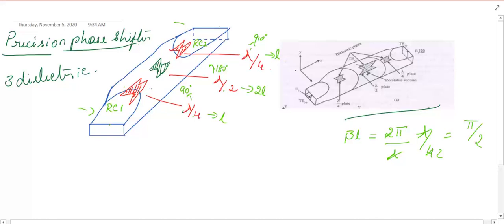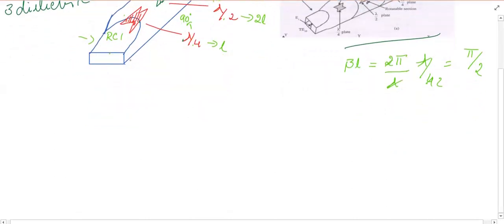So the position of these dielectric plates: this makes an angle of 45 degrees, and even this makes an angle of 45 degrees. This is kept in such a way that it makes an angle of theta. How it makes an angle of theta, we'll see now.